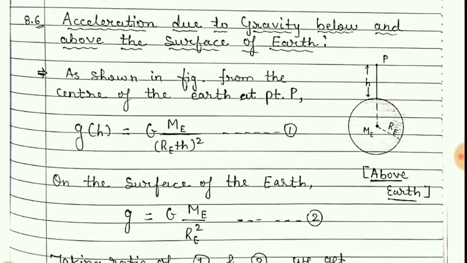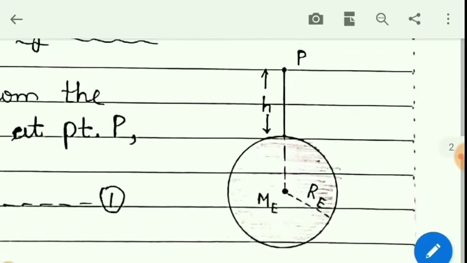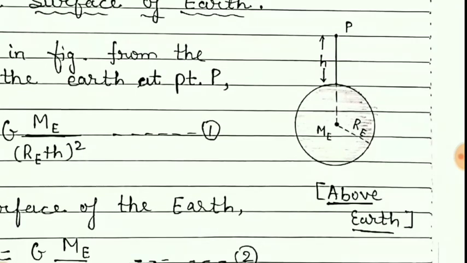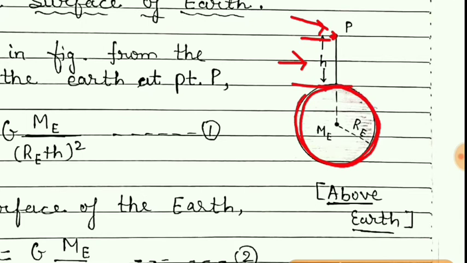Students, you can see here there is the earth and point P is selected here, which is at a height h from the surface of the earth. We know that when any point is outside the earth, the whole mass of the earth is considered to be concentrated at its center. And here this Re is the radius of the earth.